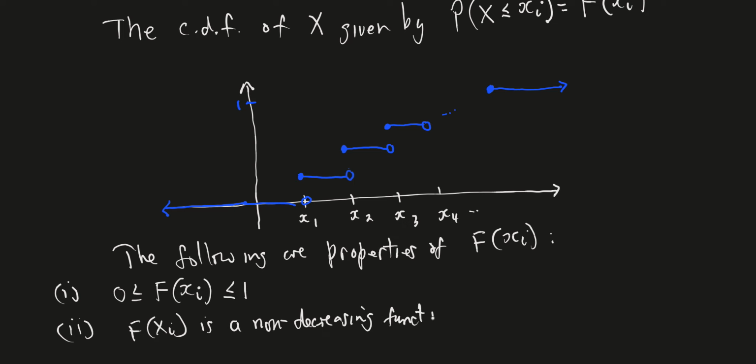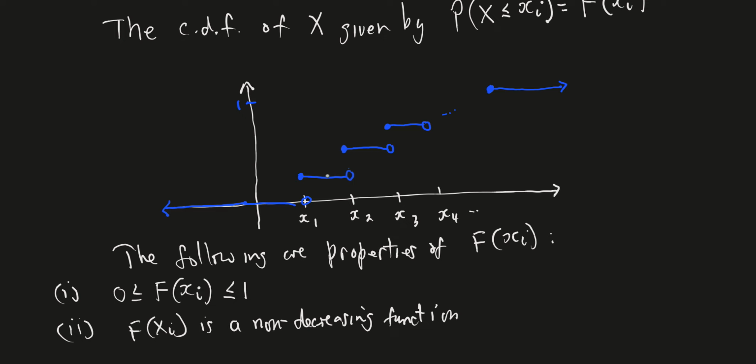Now, you might be asking yourself, why don't I just say increasing? No, increasing means that the function always goes up, which is not true because look, it's constant for a lot of these intervals. So on the intervals, right, where you have the gaps between those possible x values, it doesn't change.